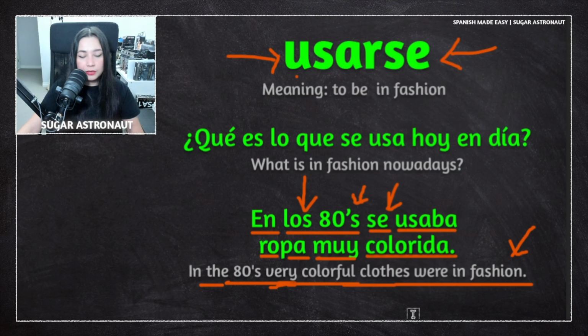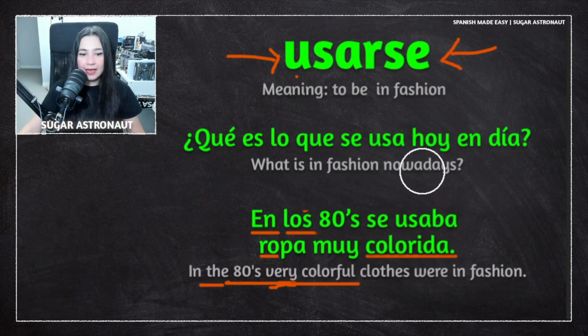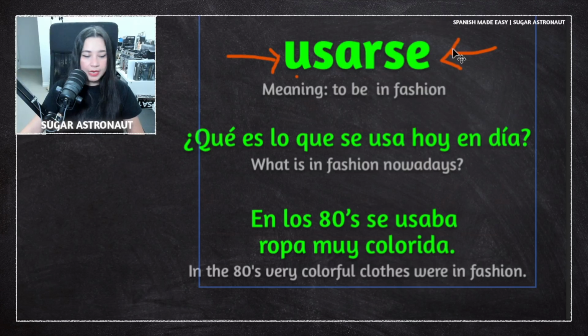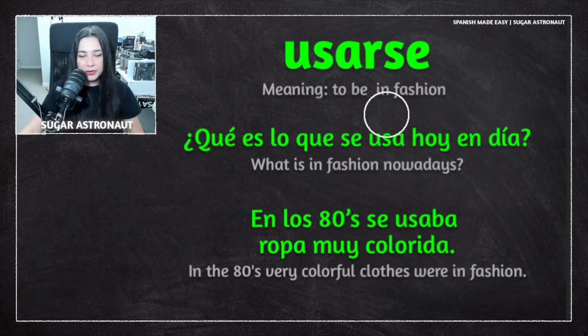But here we have a feminine noun, so we need colorida. Excellent. So remember, usarse also means to be in fashion. That's one use of the verb usar, usarse: to be in fashion, to be trendy.